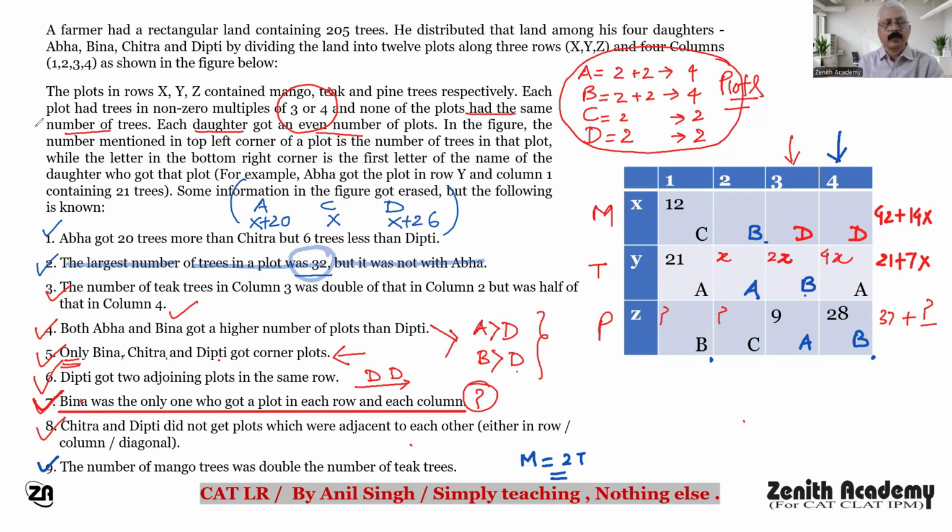So let's see here. Now see this point number 1: Abha got 20 trees more than Chitra, but 6 trees less than Dipti.